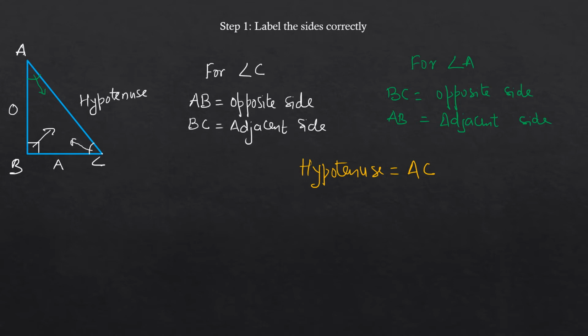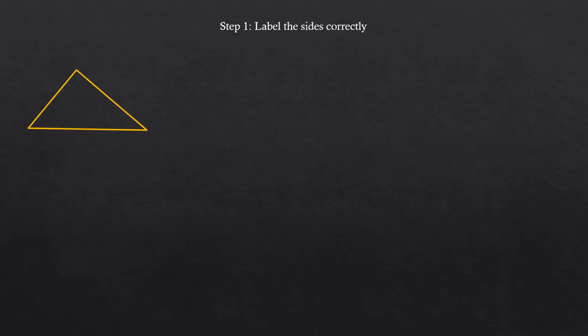Now what I'm going to do, I'm going to change the orientation and I will label the triangle, and we will find which one is the opposite side, which one is the adjacent side, and which one is the hypotenuse. So here I have got another triangle. Let's label, this is my right angle. Let's call it P, Q and R. First thing, we have to label our hypotenuse.